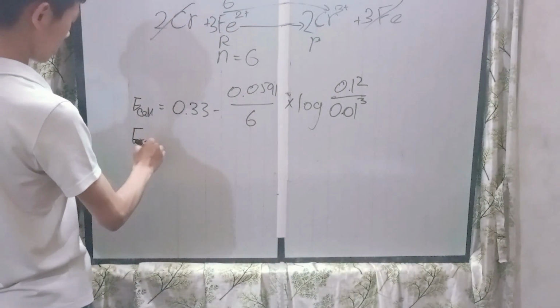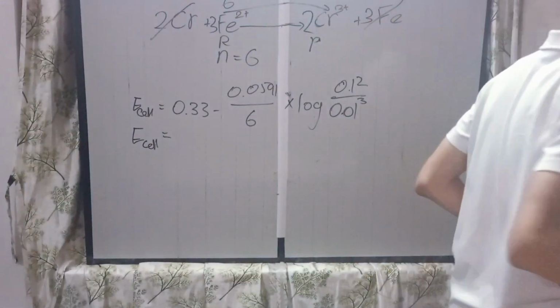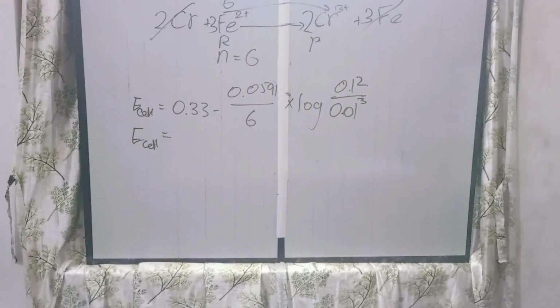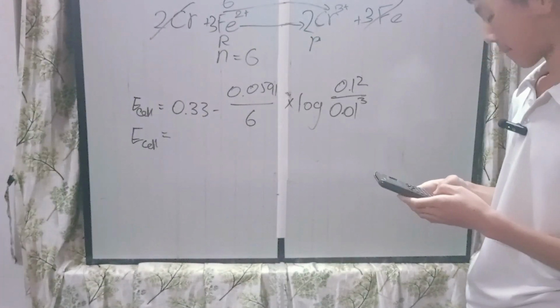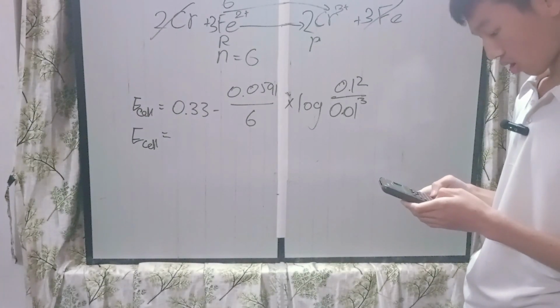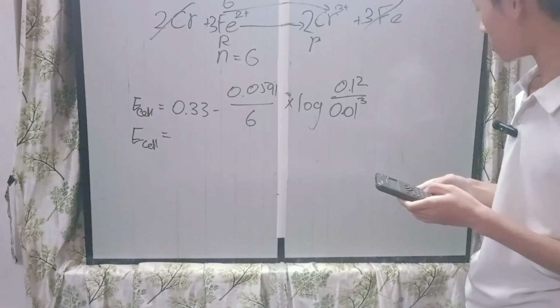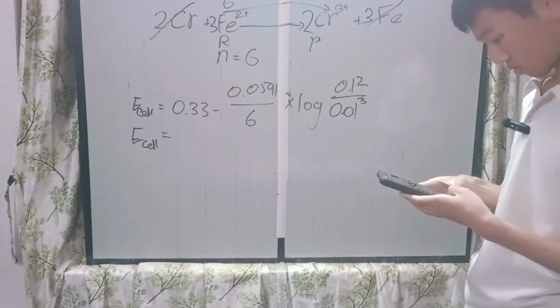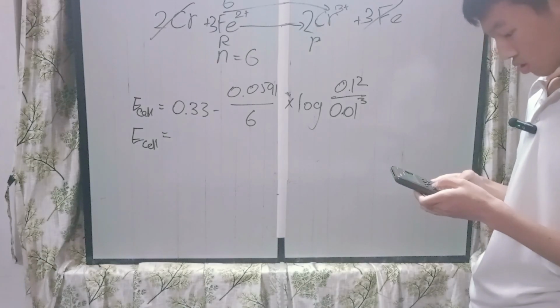What is the EMF of this galvanic cell? 0.0591 divided by 6 times log of 0.1 squared divided by 0.01 cubed.